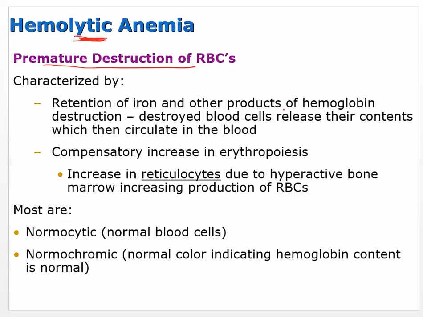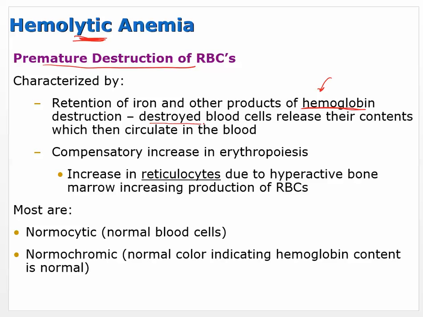And other products of hemoglobin destruction. Lysis means you're breaking them, and if that happens in the blood, then you're going to see these products. Now, hopefully, hemolysis will happen still in the spleen because they weaken. Usually, that's what happens, is they weaken over time, and then you go through that normal recycling process.